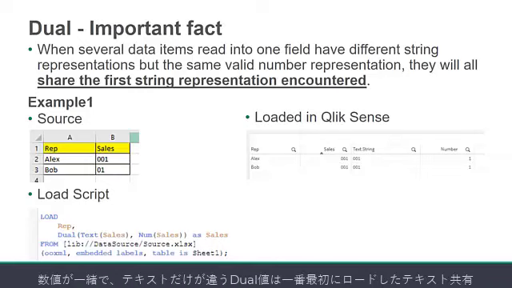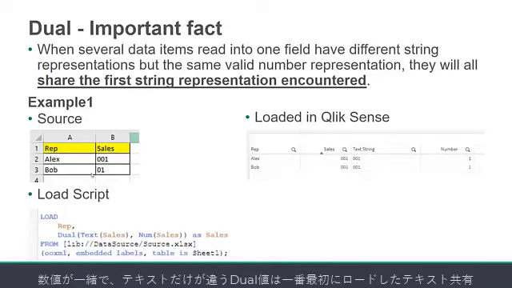When loading the data, 001, because it's the first line, will be loaded first. So QuickSense will think the numeric number 1 comes in from the data source, and the text string of the numeric number 1 is this 001.